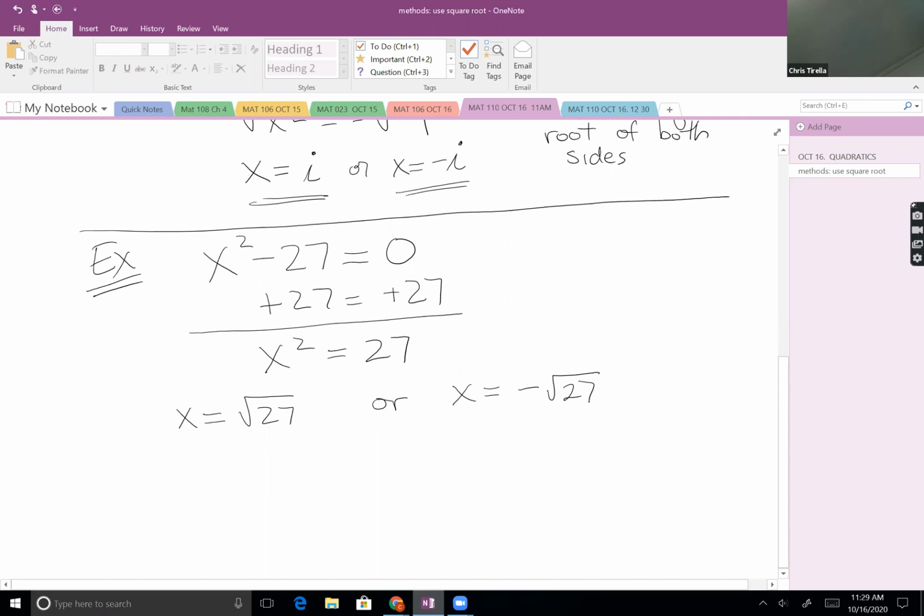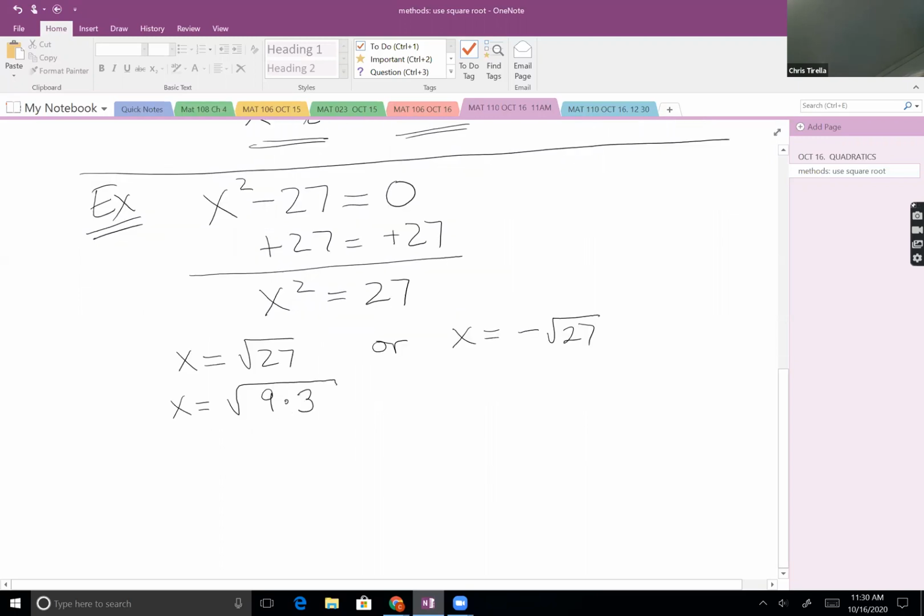Do you think I should leave that square root of 27, or can we simplify that? You'd simplify. Yeah. Nine goes into 27 evenly. Can we look at that as 9 times 3? So that gives me x equals 3 radical 3, or x equals -3 radical 3. And those would be my two solutions.